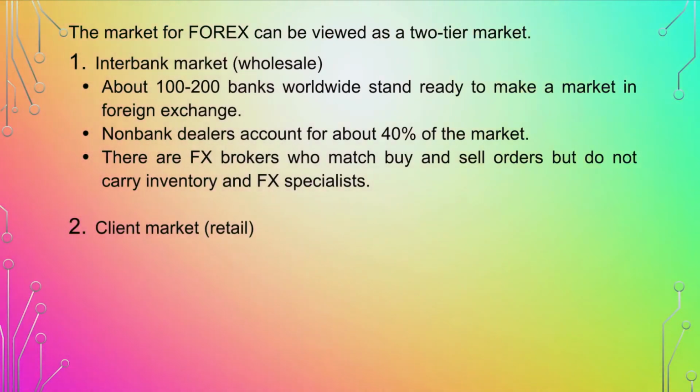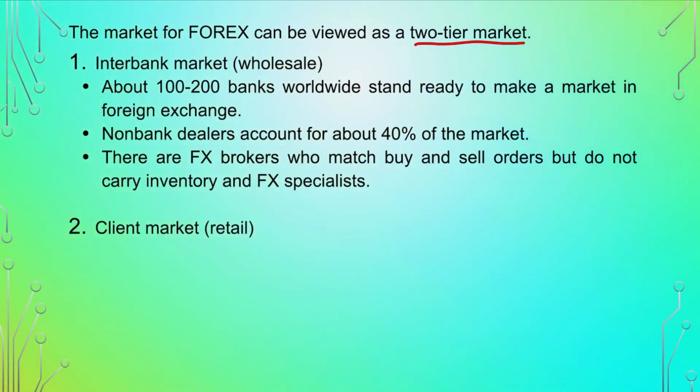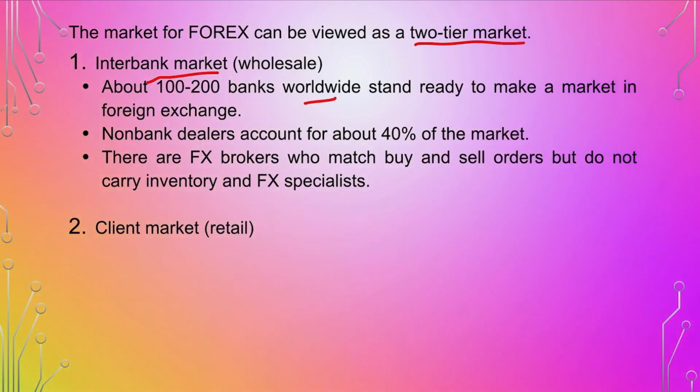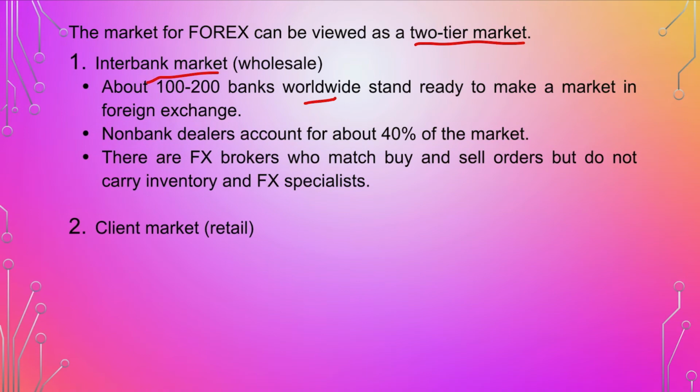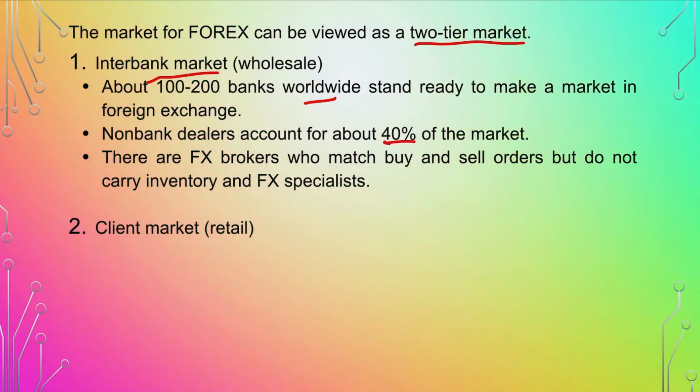Okay, so the market for forex can be viewed as a two-tier market. The first one is the interbank market. This is the wholesale market. About 100 to 200 banks worldwide stand ready to make a market in foreign exchange. Non-bank dealers account for about 40% of the market.